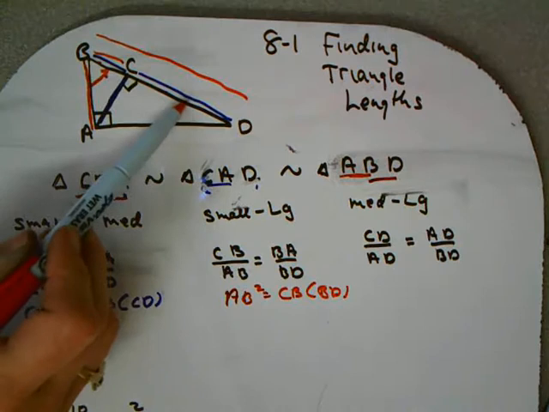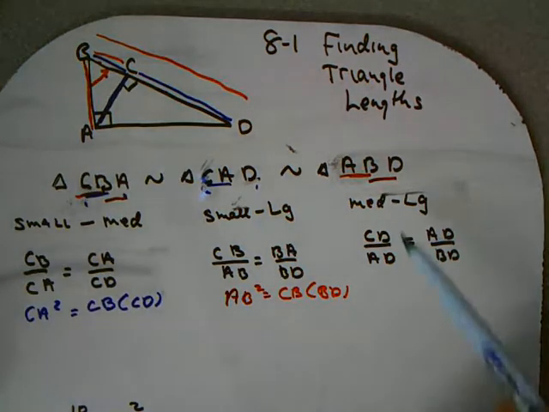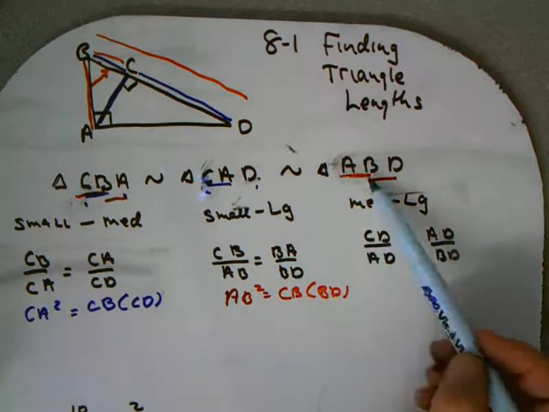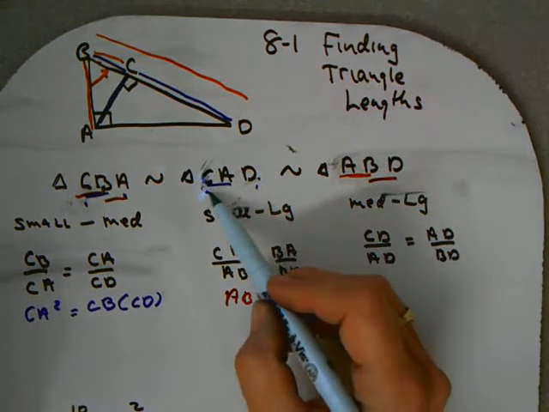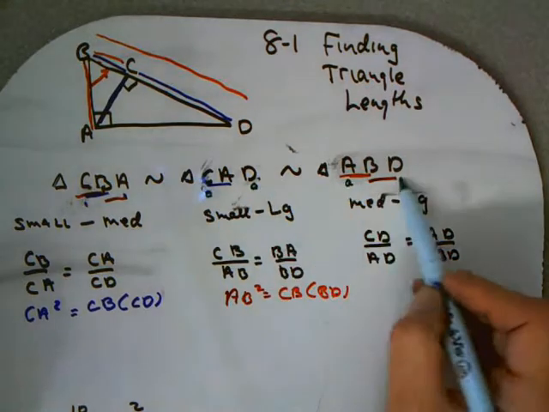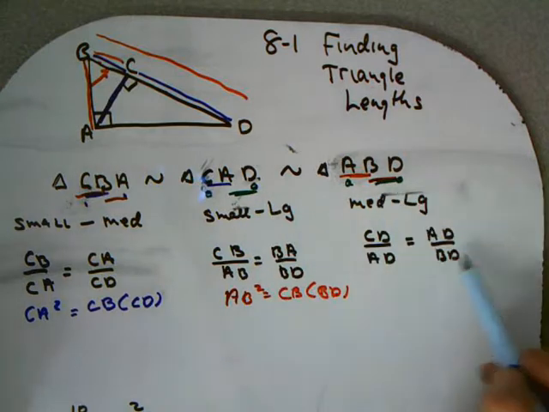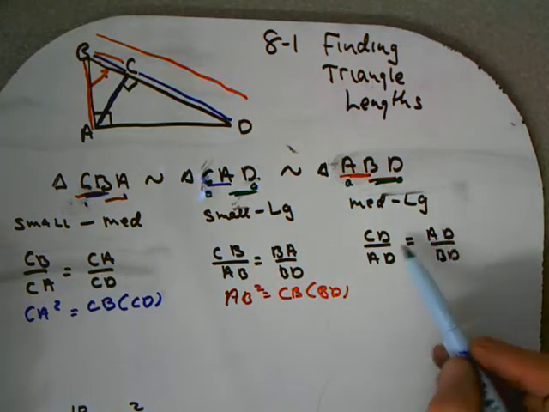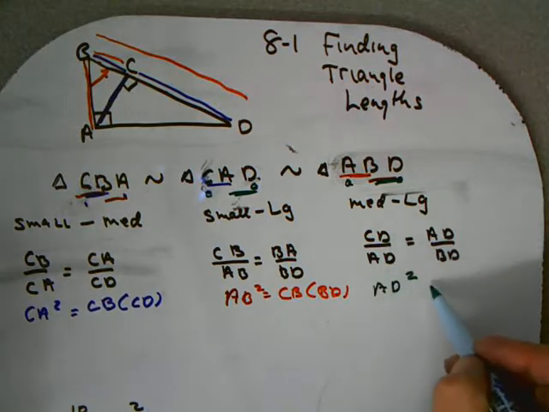If I look at this ratio between the medium and the large triangle, you're going to see the same relationship happening. CD over AD will equal AD over BD. Well, again, if I multiply, AD squared is equal to CD times BD.